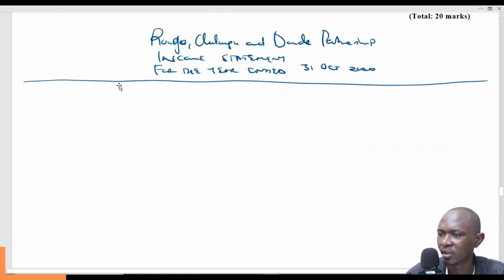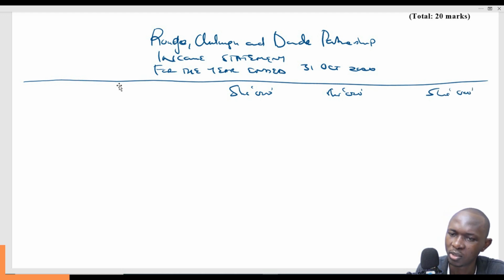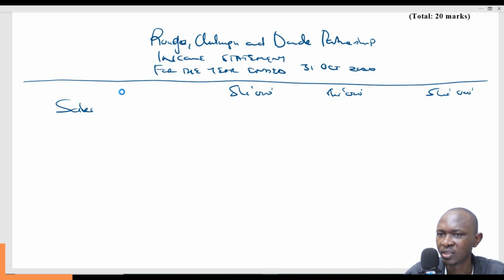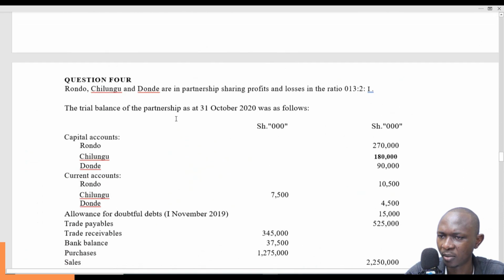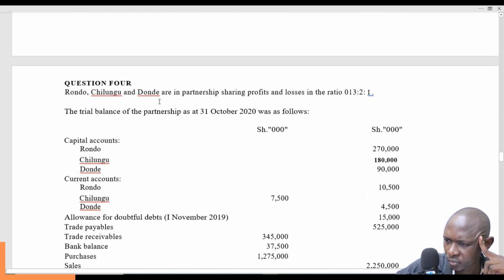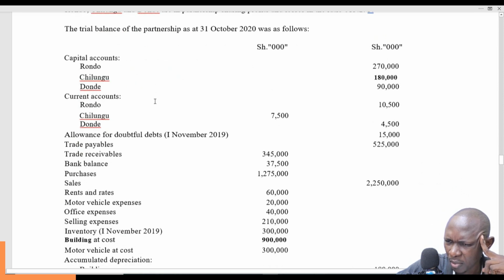So then, as usual, let's restrict our zeros like that. Now we'll start, of course, with the trading account: sales less cost of sales. So we go back up to see if we have anything in the trial balance.